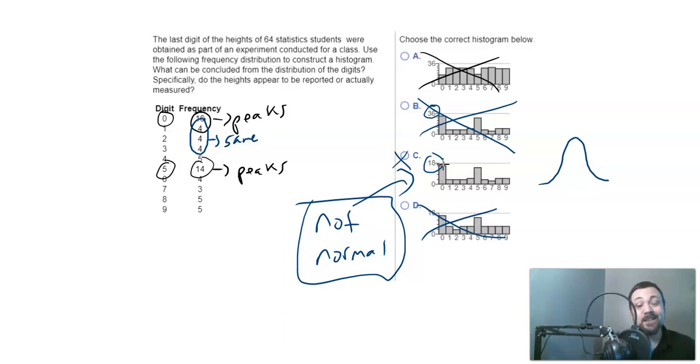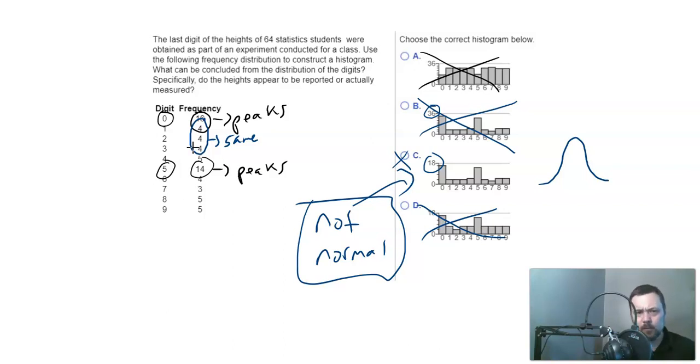There's 2 peaks. There's a peak at 0, a peak at 5, which is what's kind of unusual about this distribution and kind of what this question is driving at. Specifically, do the heights appear to be reported or actually measured? Now, if the heights were actually measured and people's heights are kind of random, you would expect the frequency of the last digit of those measurements to be equal.